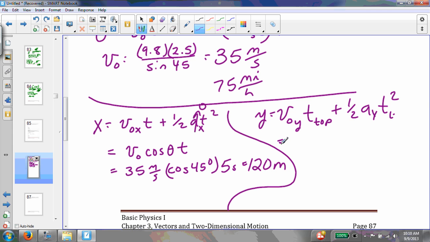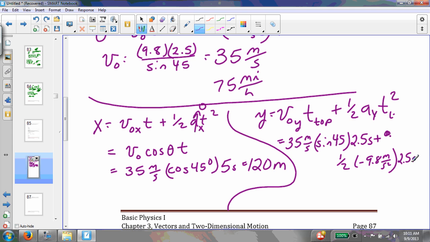So this is 35 meters per second times the sine of 45, the sine because it's the y component, times 2.5 seconds, plus 1/2 times minus 9.8 times 2.5 seconds squared. That gives me a y range of 30 meters, which again seems fairly reasonable from what we see in the clip. You can go back and judge for yourself. But that's my x range, and that's my y range.